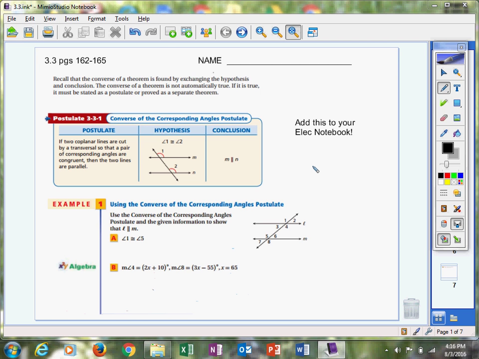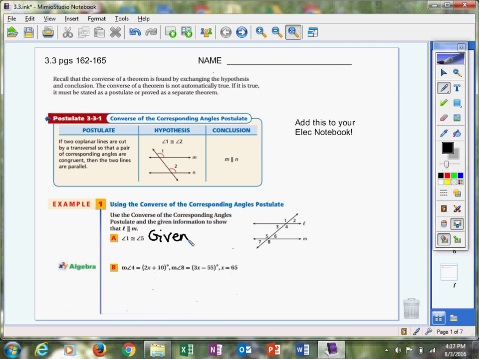And so in example 1, we're going to use this particular postulate to make some assumptions and to prove some things that they're asking us to prove. Here are the directions. Use the converse of the corresponding angles postulate and the given information to show that line L is parallel to line M. And what they gave us in letter A is that angle 1 is congruent to angle 5. Okay, this is given.